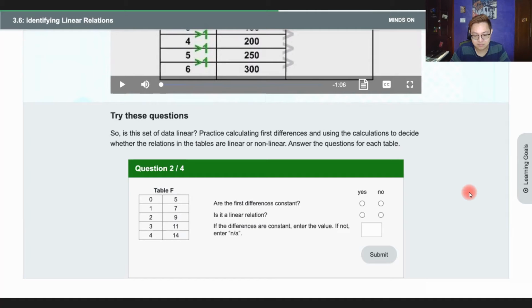Table F. Are the first differences constant? Is it a linear relation? Is it a linear relation?